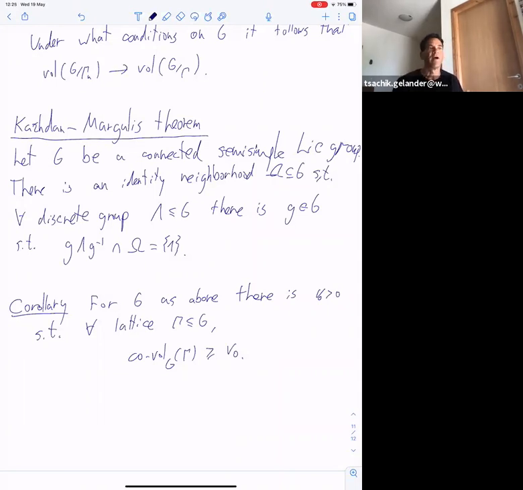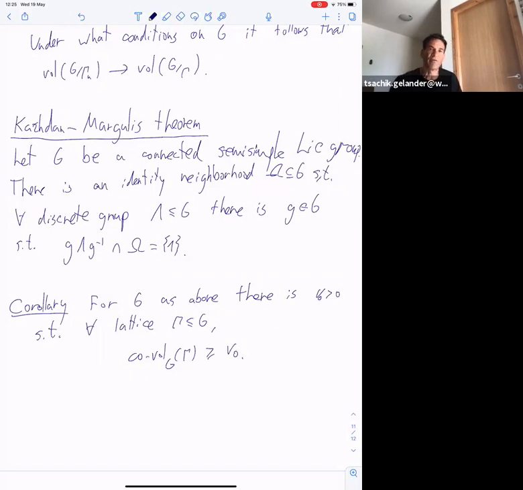So now you have a lattice. You can always conjugate it to intersect trivially some identity neighborhood, which is the Kazhdan-Margulis neighborhood. So if you want to prove a finiteness theorem, like Wang's finiteness, that there are only finitely many conjugacy classes of lattices of volume bounded by V, then from any conjugacy class, you can pick a representative which intersects this special open set trivially.